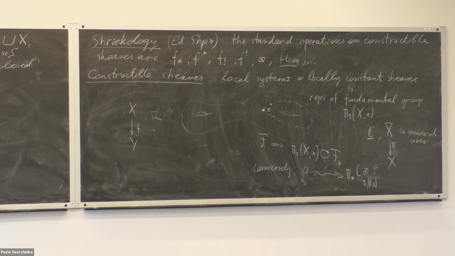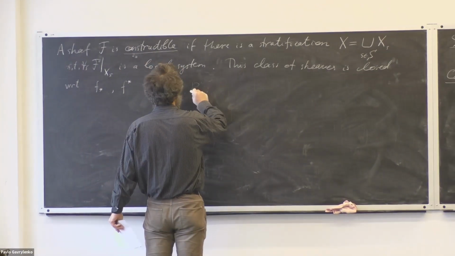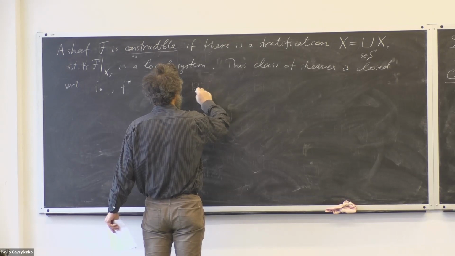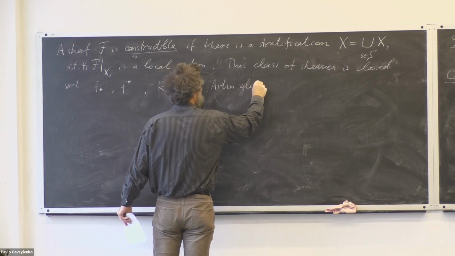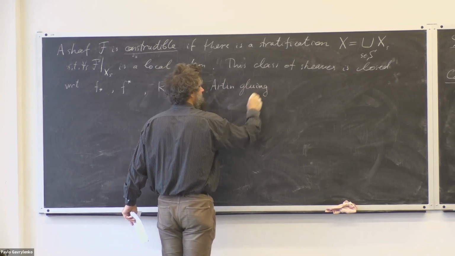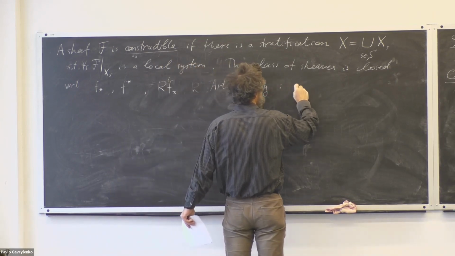How do you describe this? So they are obtained by Artin gluing. So you need local systems.